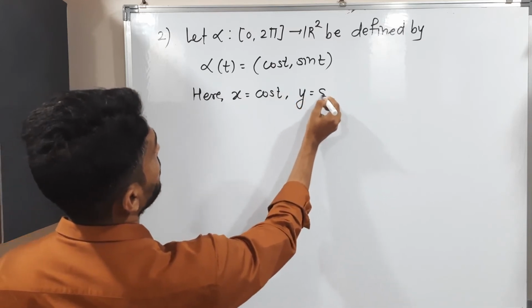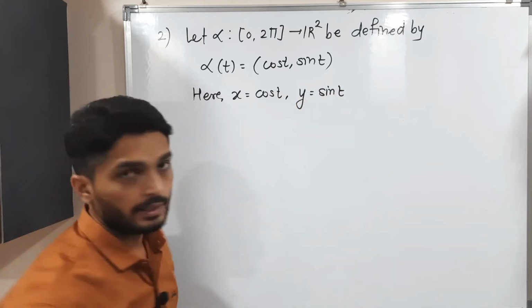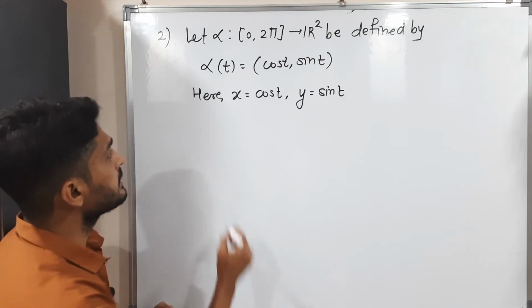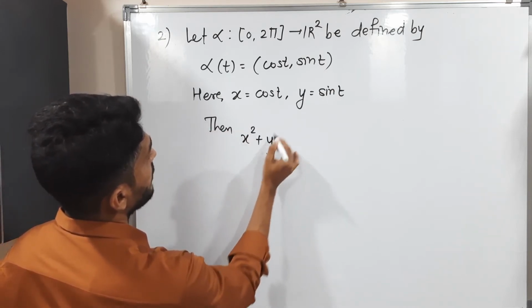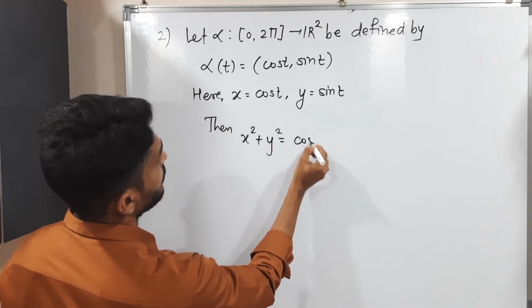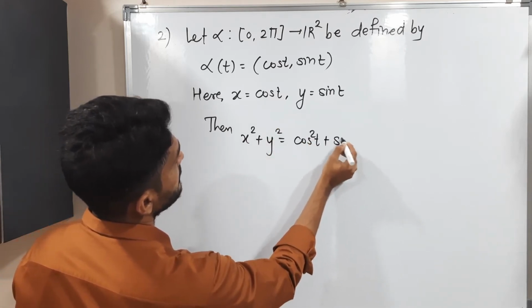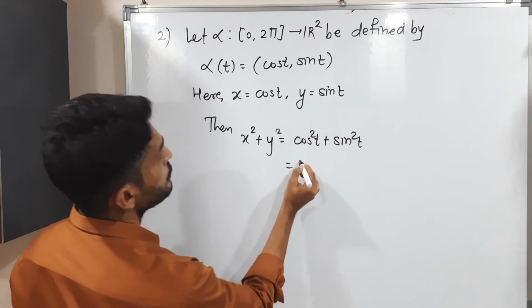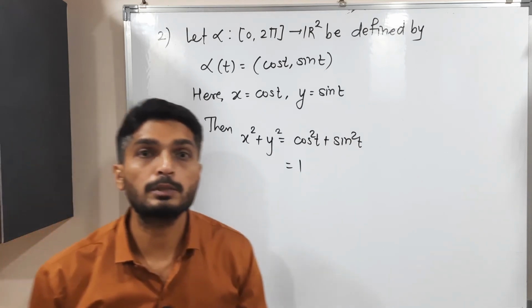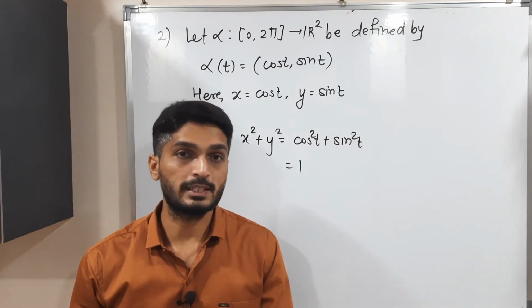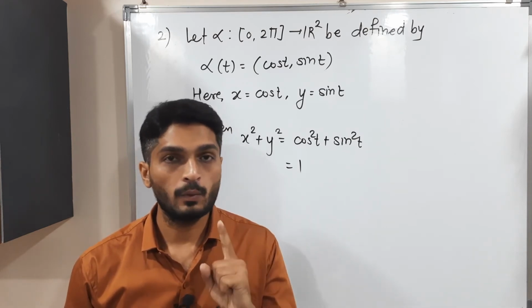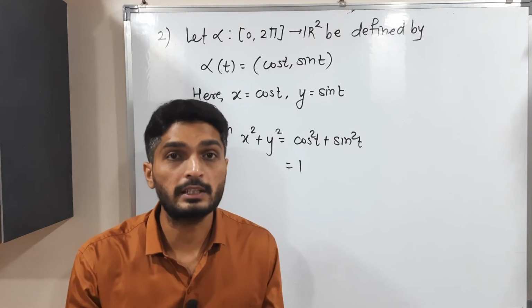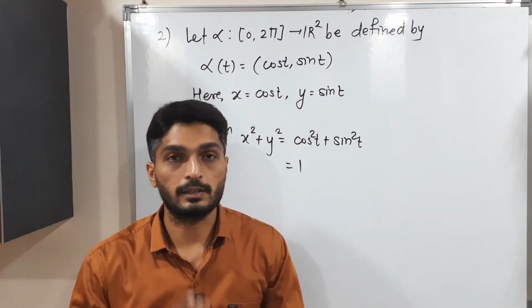What is the y coordinate? Sin t. Then x square plus y square, where x is cos t, so cos square t plus sin square t, which is equal to 1. You know that x square plus y square equal to 1 is the equation of a circle having center 0, 0 and radius 1. So this is a parameterization of a unit circle.